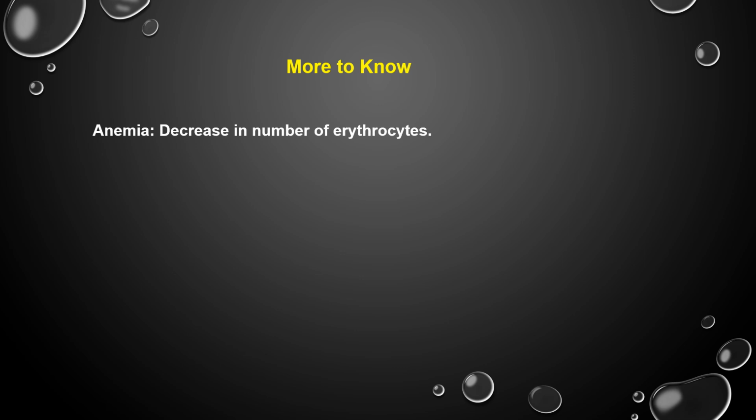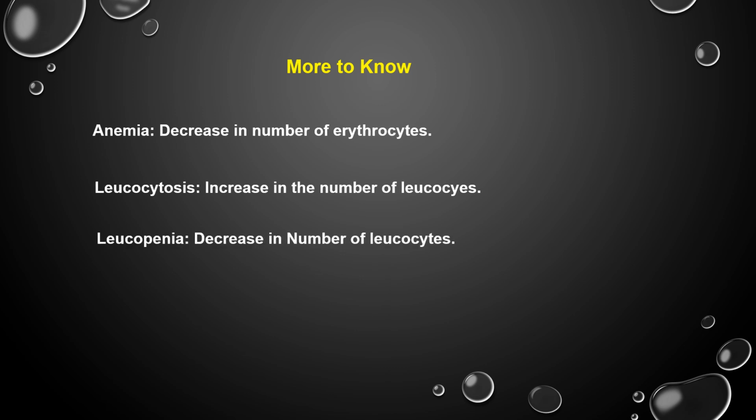Next, more to know. We will know somewhat extra about the blood. Anemia, decrease in number of erythrocytes, that is red blood cells. Leukocytosis, increase in number of leukocytes, that is WBC.